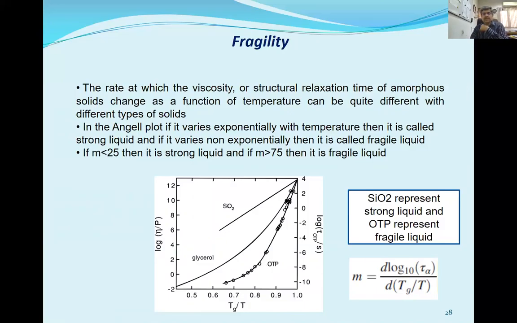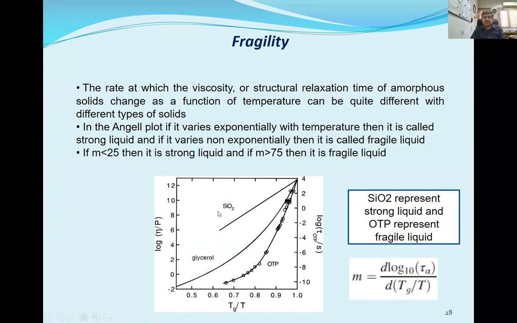Another interesting aspect that is related to the fragility is that if you want to use temperature as a means of stabilizing the amorphous form, then for the fragile liquids, the change in the physical stability is going to be significant as you change the temperature of storage.